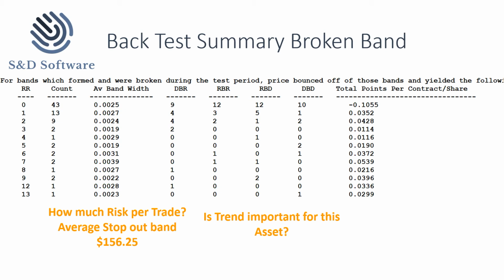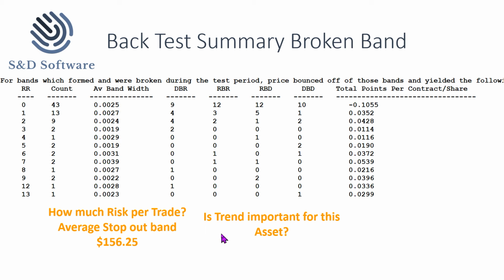Does that fit my trade plan? In this scenario here, it was 25 ticks times the 6.25, which would give you $156.25 of risk per trade on these stop outs.